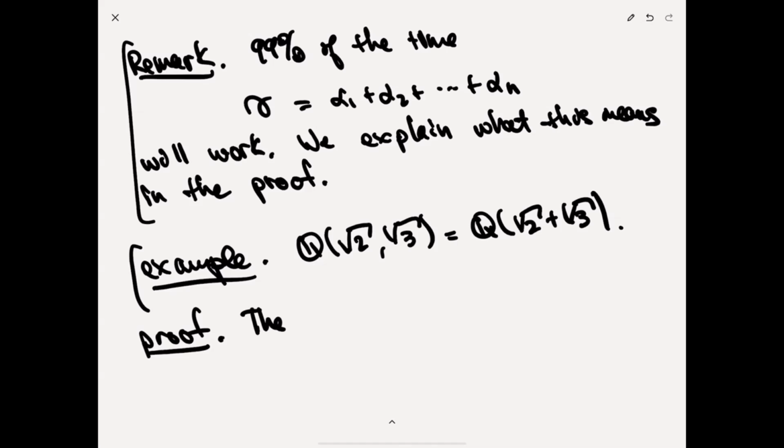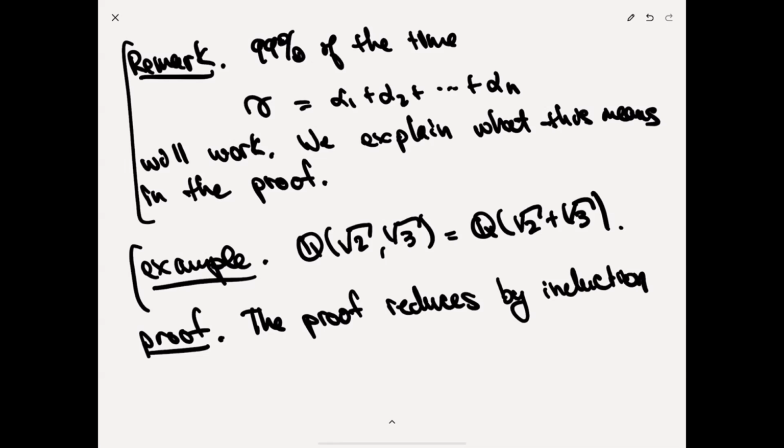All right, so the proof idea: there are some easy parts, but the proof reduces by induction to the case n is equal to 2, the two-element case like we have here.